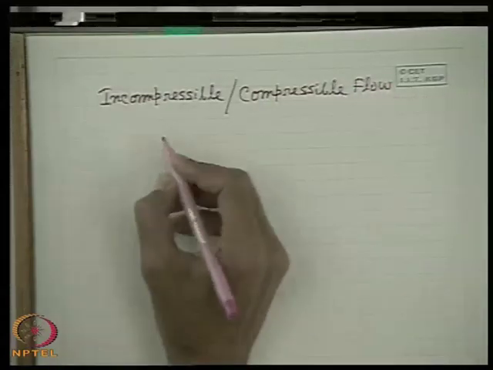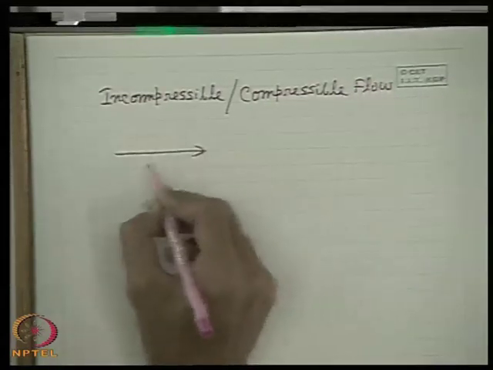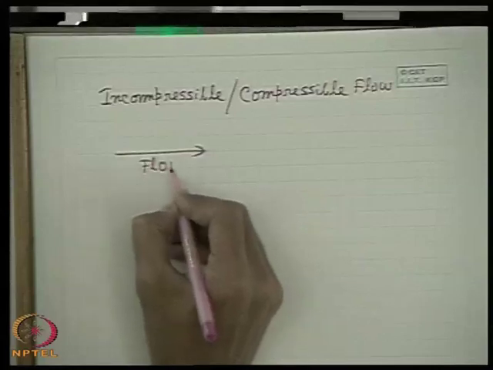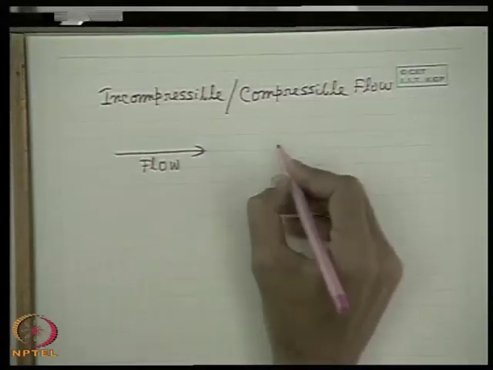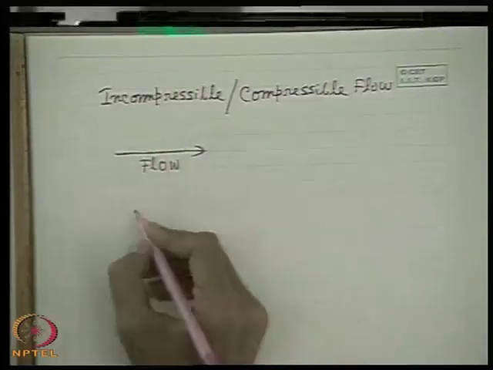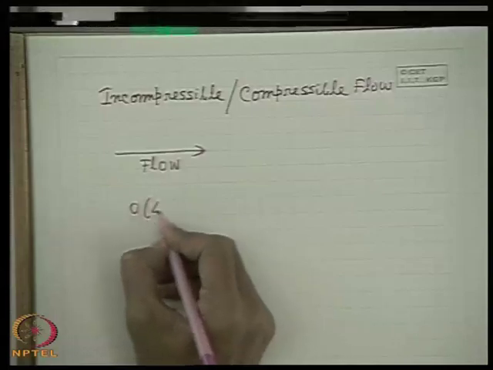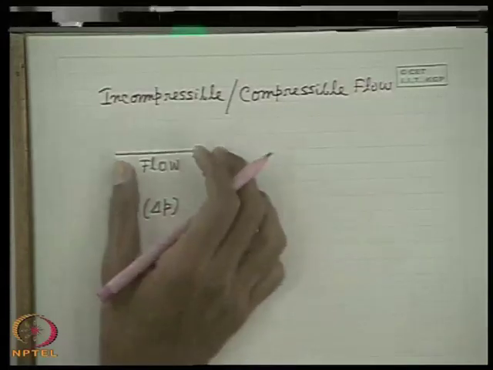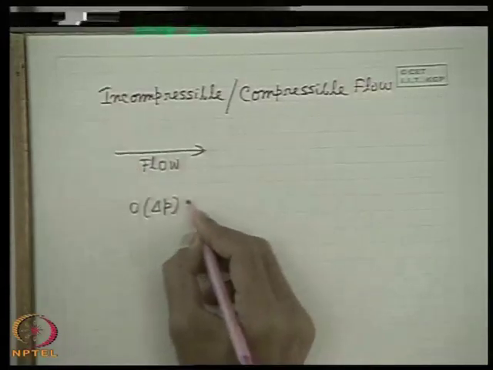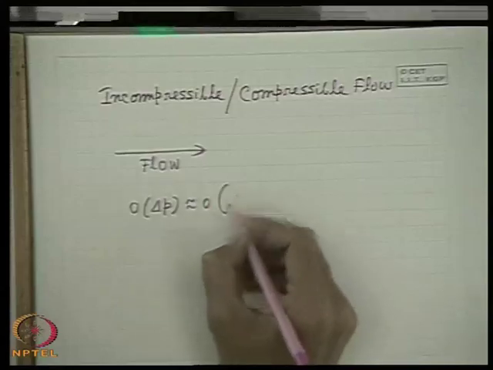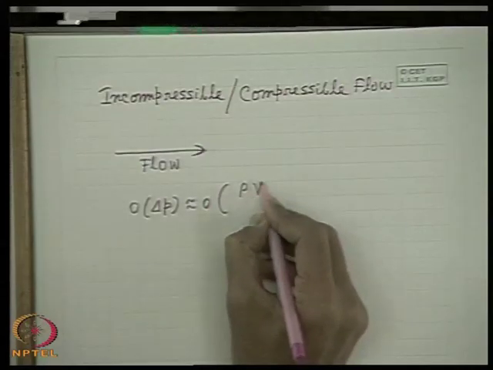Now in any flow, at the present moment, this will be discussed again afterwards, you will have to just accept that the order of delta P, that is the pressure difference caused in any flow, is equal to the order of rho V square by 2, where V is the characteristic flow velocity.